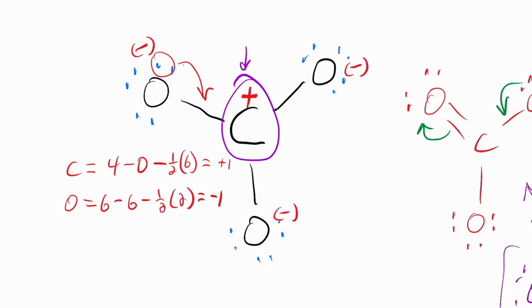This carbon with a positive charge is called a carbocation. And while a carbocation that has a higher substitution like this one is more stable, I think that's right. I'll double check in a minute. This is not the favorite resonance structure for the carbonate ion.